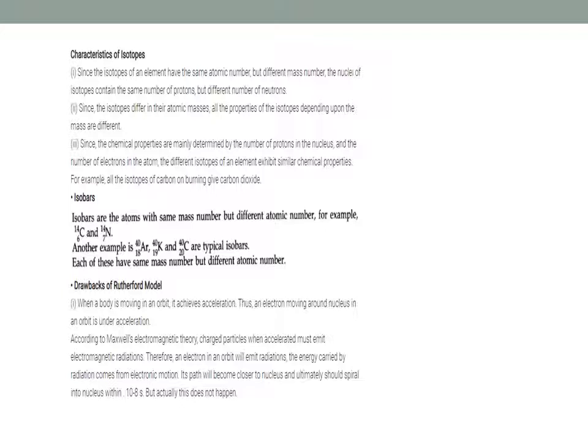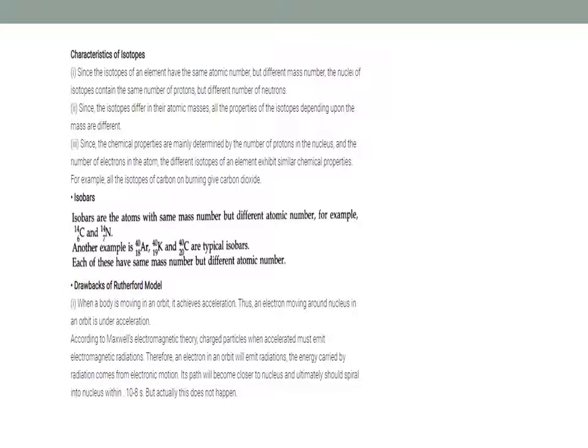Since the chemical properties are mainly determined by the number of protons in the nucleus and the number of electrons in the atom, the different isotopes of an element exhibit similar chemical properties. For example, isotopes of carbon on burning give carbon dioxide.